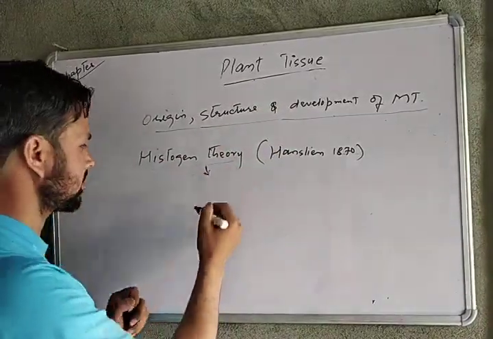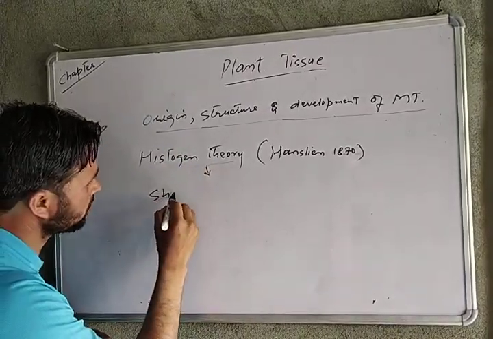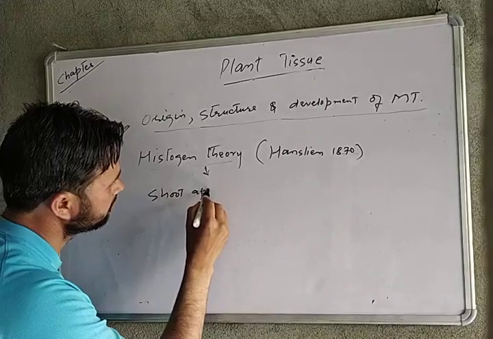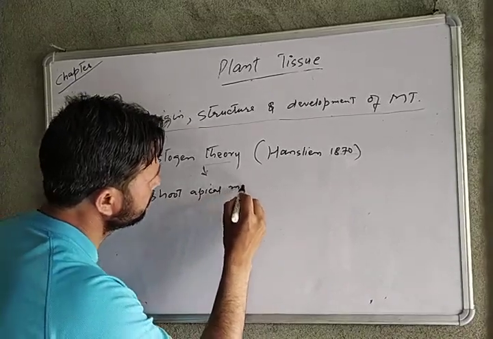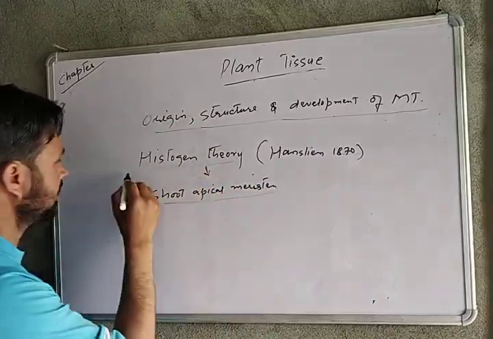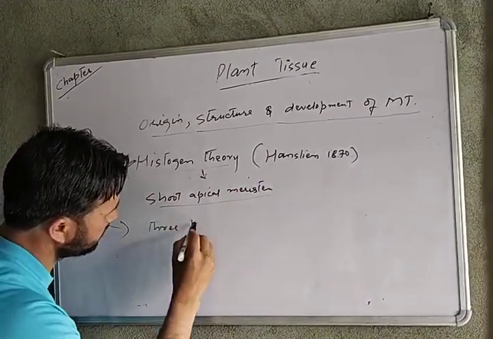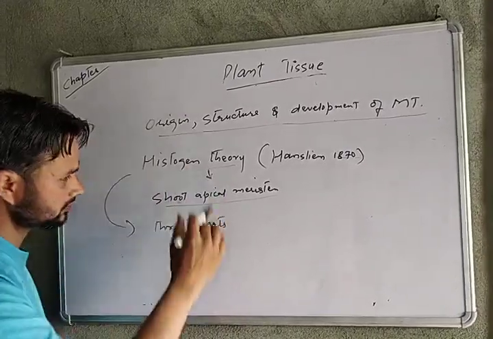We are talking of the histological theory of shoot apical meristem. It has three parts.